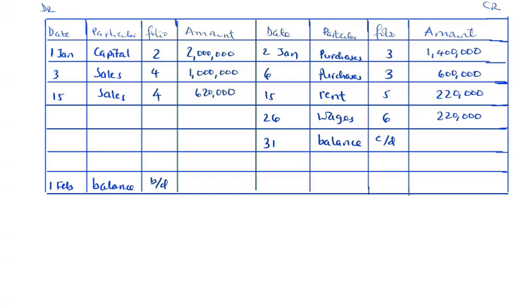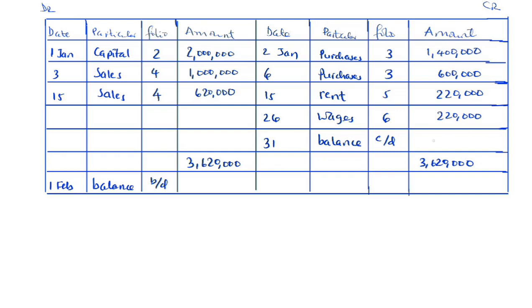Okay, so now we have all the transactions given. Let us just complete our cash account by finding the summation on the debit side. The total here is going to be 3,620,000. Okay, so let us take this value on the credit side as well, and we are going to use it to find the closing balance figure.